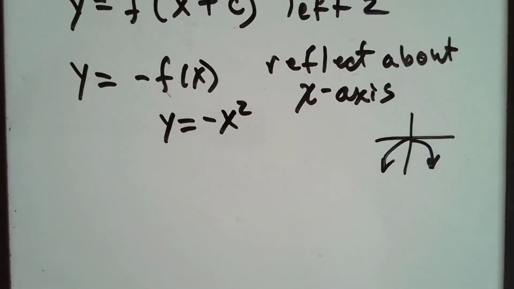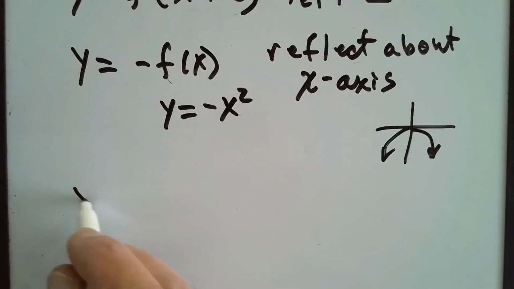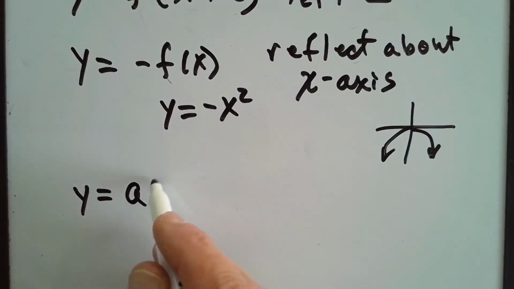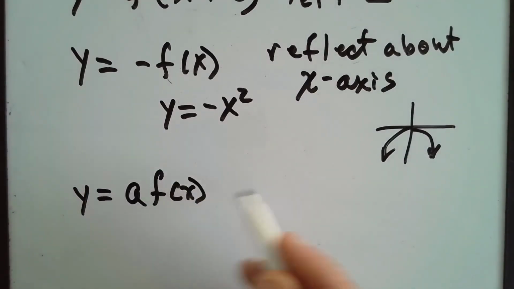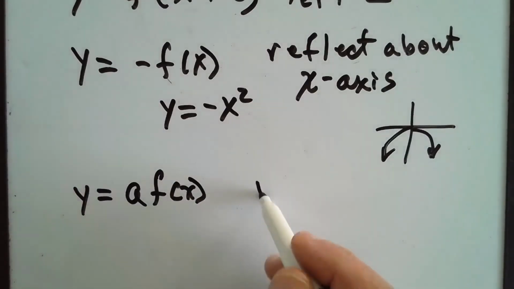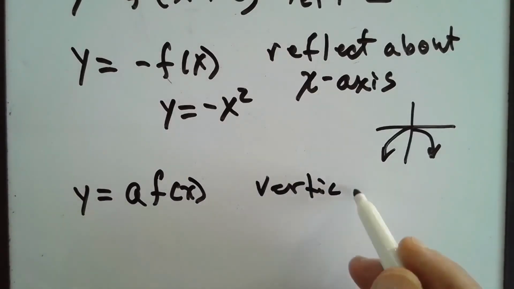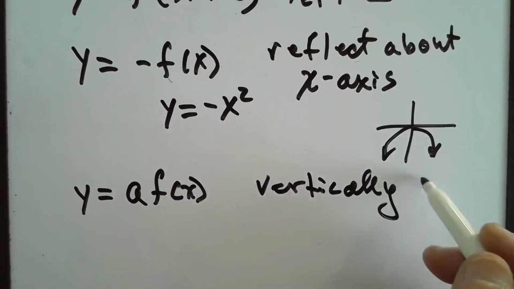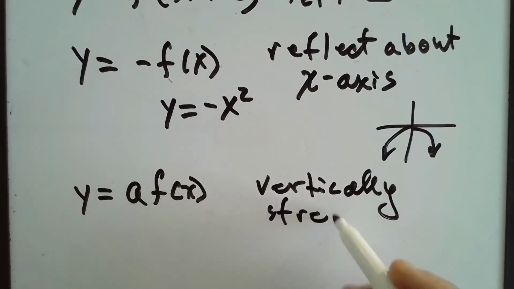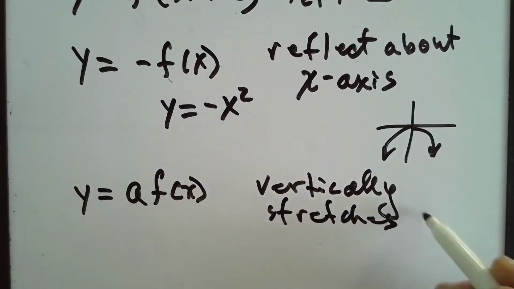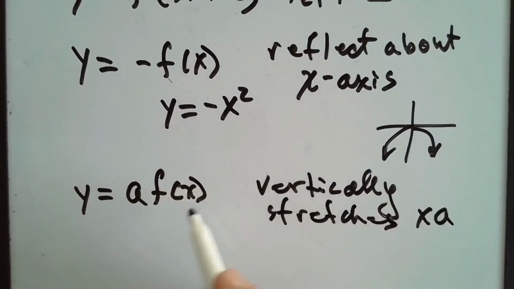And let's see if there's any others that we need to be concerned about. Well, we'll go through it. If it's a number times f of x, then it vertically stretches by a factor of whatever this number is.